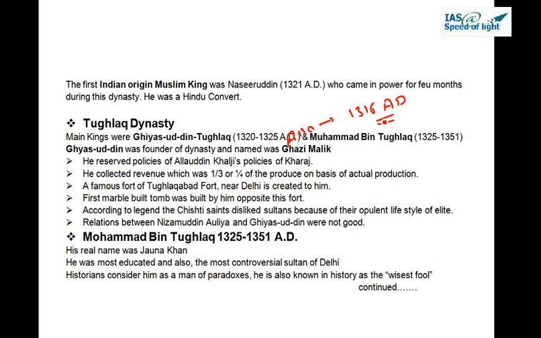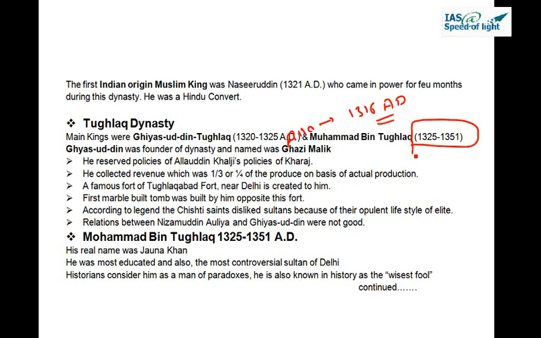Now we are coming to the third dynasty, starting from the Slave dynasty, then the Khiljis, now the Tughlaq dynasty. The main kings were Ghiasuddin Tughlaq, who ruled for only 5 years, and then one of the greatest kings again of the Delhi Sultanate, Muhammad bin Tughlaq, who ruled from 1325 to 1351.